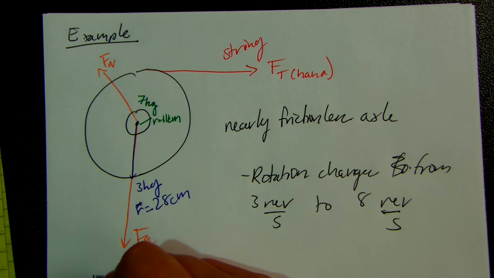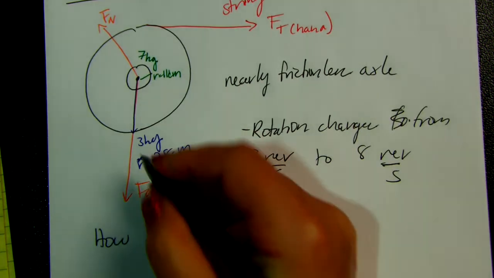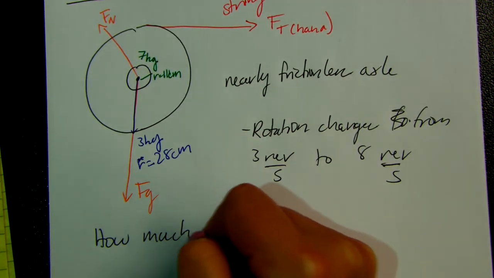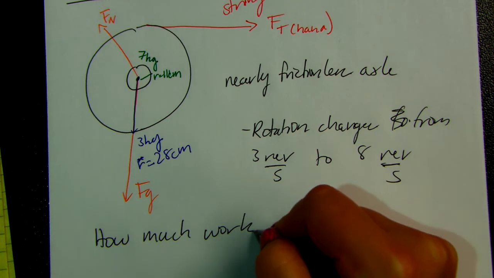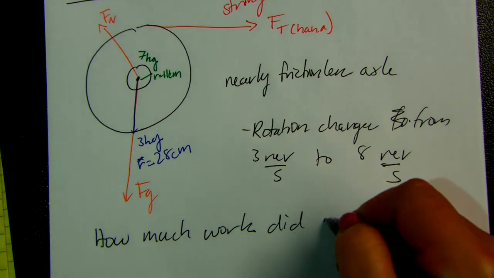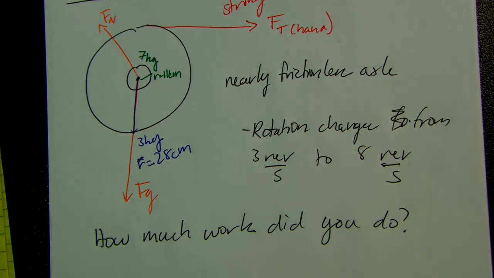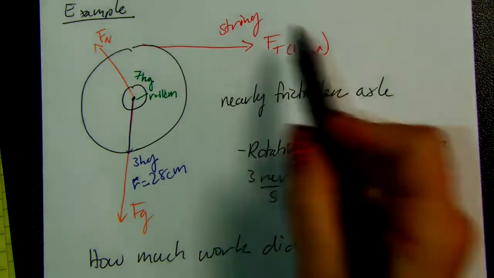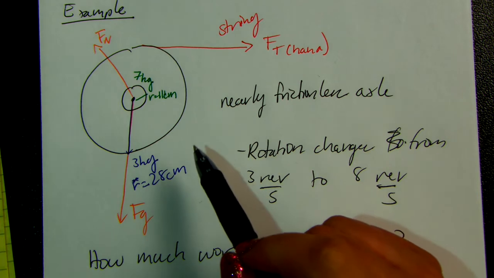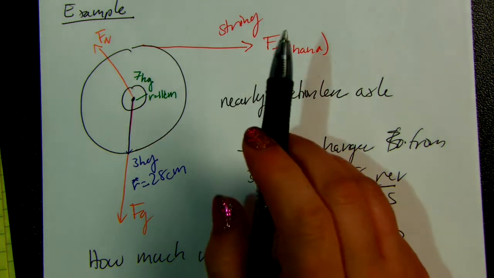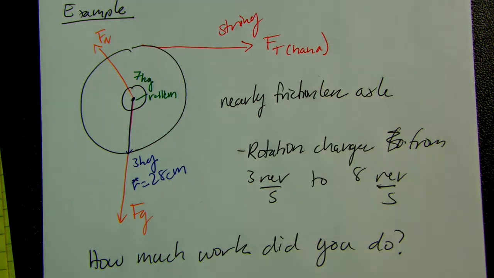What we want to look at is how much work did you do? So what that's cluing us in on is that you are not going to be in the system. You're going to be outside of the system so that you can do work on it.